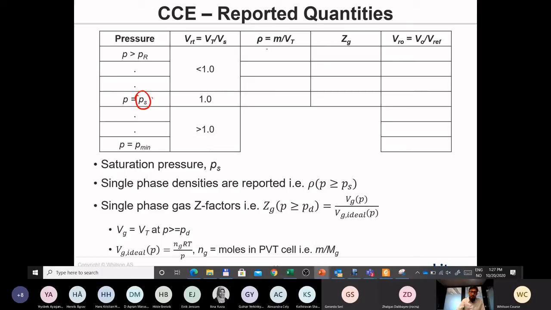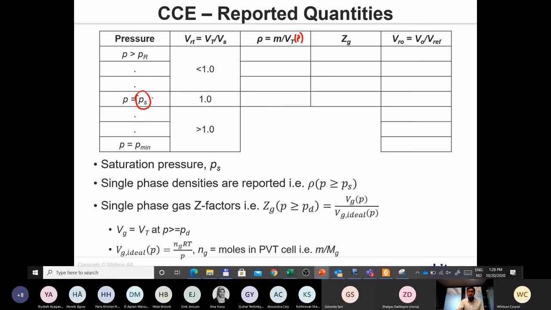And then you have single phase densities here, which is simply the mass in the PVT cell. Since we have done the recombination and put the mass in the PVT cell, we know how much mass is there, and we have the total volume measured at each pressure. So that will be a function of pressure, and you get these densities at each pressure, which represent the single phase fluid densities at all pressures higher than the saturation pressure.